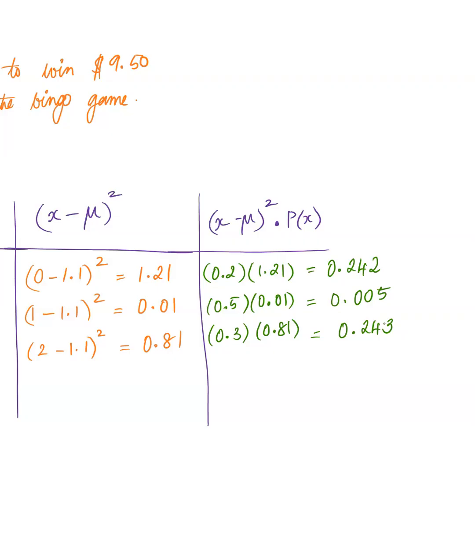Okay. Now, you know how standard deviation and variance are related. When you square the value of standard deviation, you get the variance. Okay. So if you were to take the sum of this, sum of x minus mu the whole squared times P of x, okay, that will give you the variance. So you need to take the square root of it. So let me just write that. This gives us 0.490.